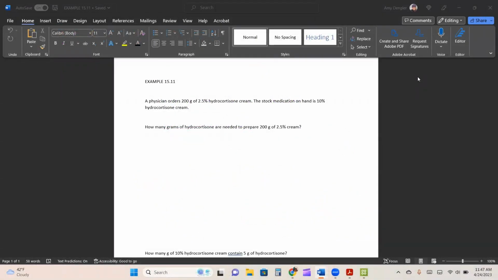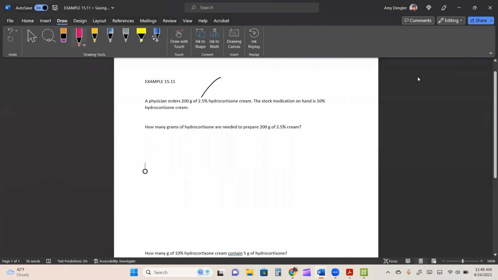So this problem could be worked one of two ways. You can either do a dilution problem with stock weight, stock strength, desired strength, or you can do proportions. If you look at your book, it will give you either way. I'm going to do the proportion side of things just because I think it's easier.